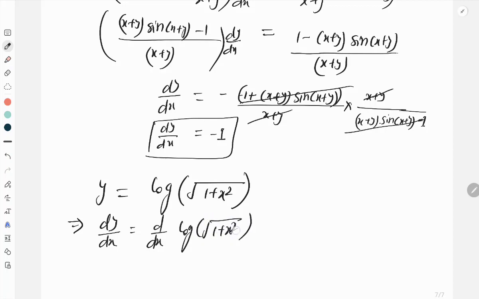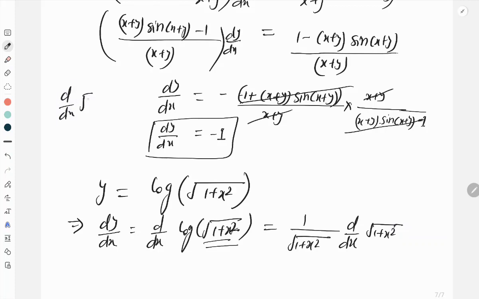You will say, whatever is inside the log, I will treat like x first, and I will take a derivative like log x, type 1 upon x, but this is not x, so I will write 1 upon under root 1 plus x square. Again, derivative of this one by chain rule because it is not x: 1 plus x square, correct or not? Now you have seen that d/dx of root x is equal to 1 upon 2 root x, correct or not? So that will work here.